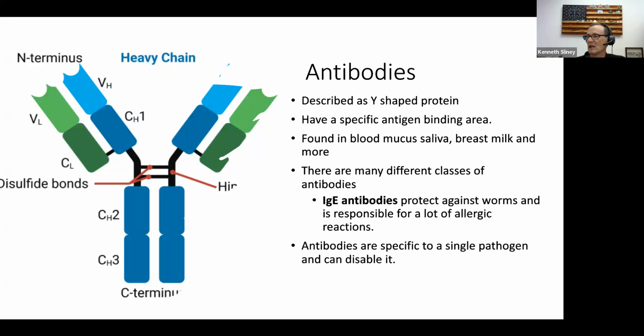Specifically, the IgE antibodies protect against parasites, but they're the ones that create most of your allergic reactions. The other thing that you have to know is that antibodies are specific to a single antigen. So the cell may have many antibodies on it, but each antibody is specific to that antigen, so it would match up with it perfectly.